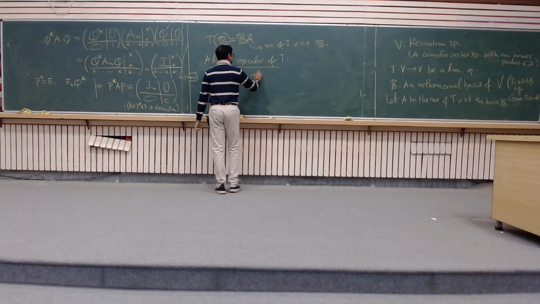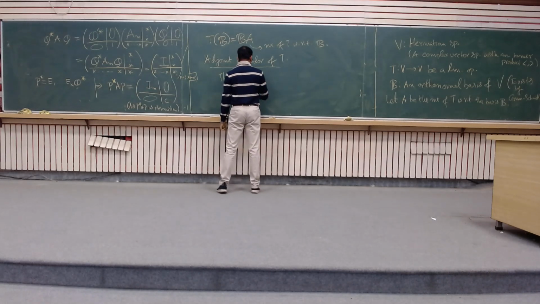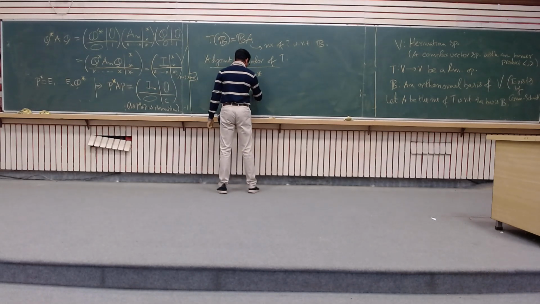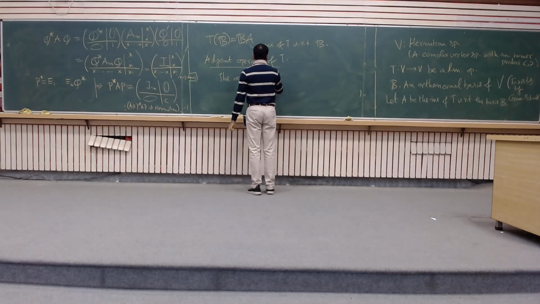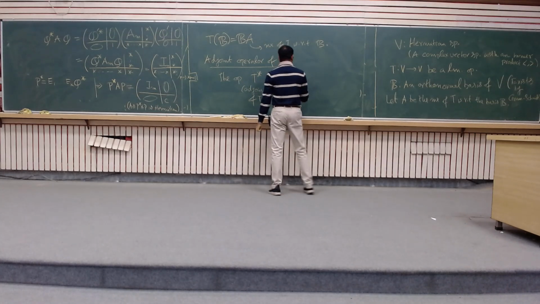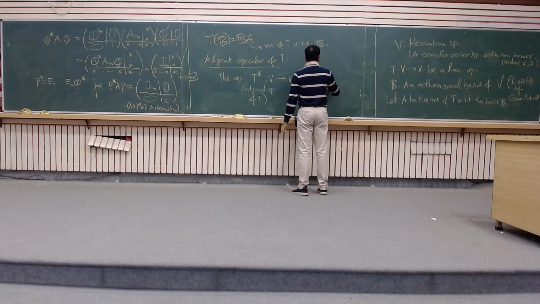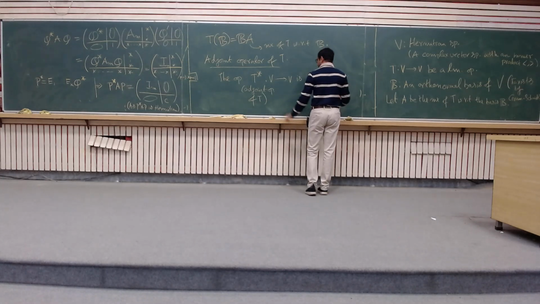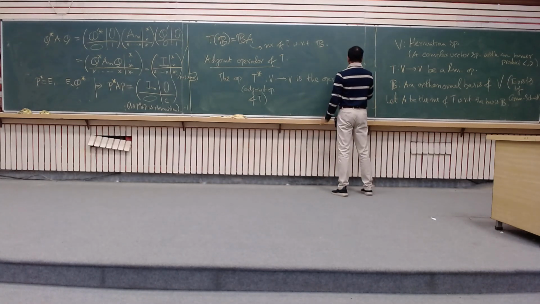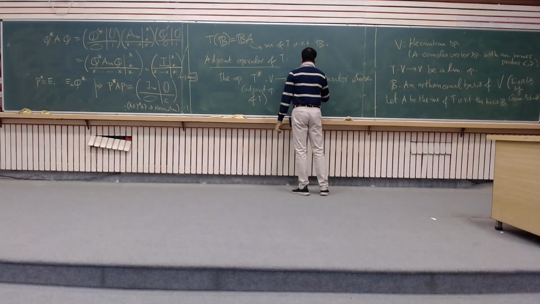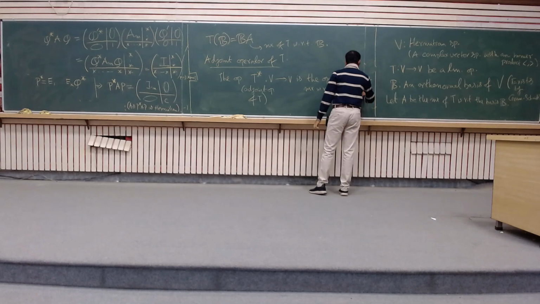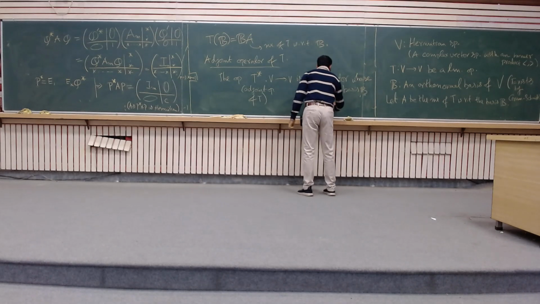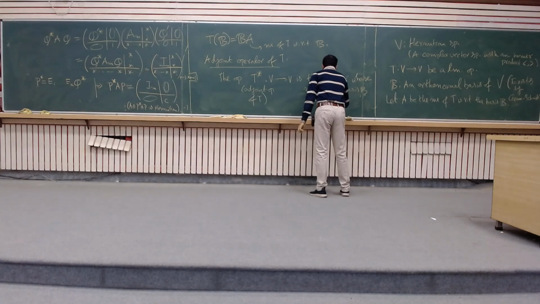The operator T star, that is called the adjoint operator of T, from V to V, is the operator whose matrix with respect to the basis B is A star.